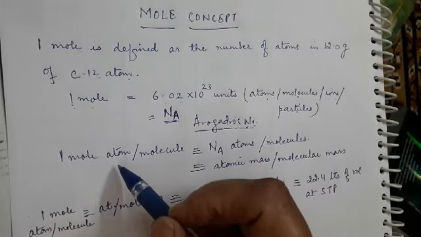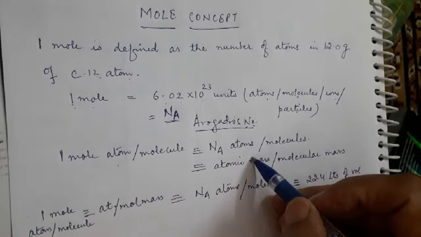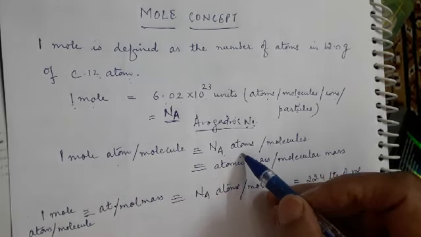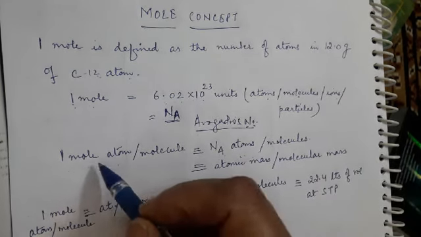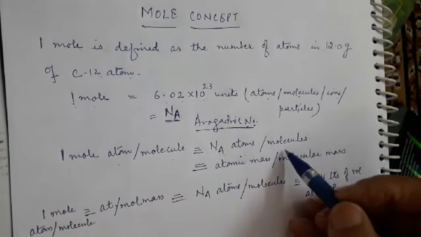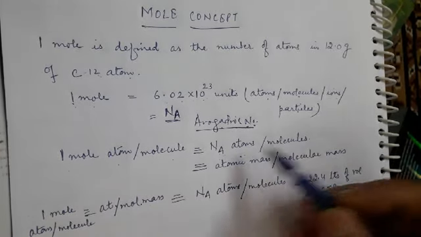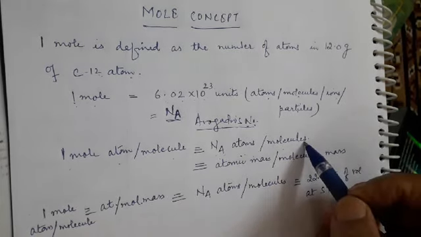So 1 mole atom of a substance contains NA atoms, that is 6.02 into 10 to the power 23 atoms. 1 mole molecule of a substance contains NA molecules, 6.02 into 10 to the power 23 molecules.